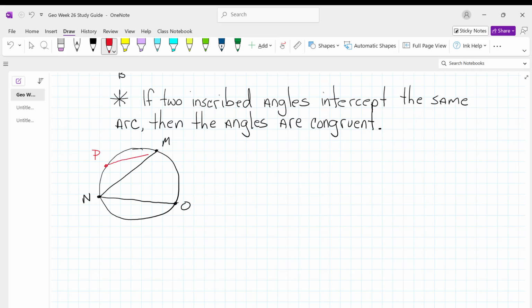And it's going to intercept this same arc. The red angle and the black angle intercept this same arc. So when that happens, the angles are equal to each other. Angle P, the measure of angle P, is equal to the measure of angle N.